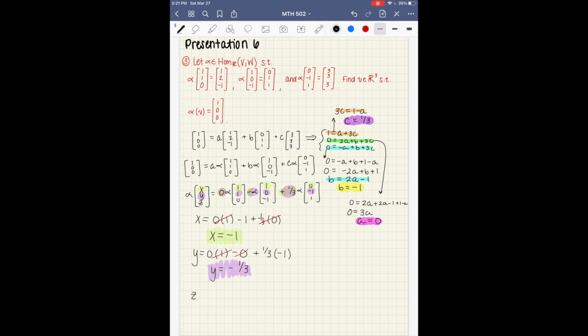And then our last one, z: 0 minus -1 plus 1/3 times 1. For this one, the zeros cancel out. So we have z equals 1 plus 1/3, so z equals 4/3.